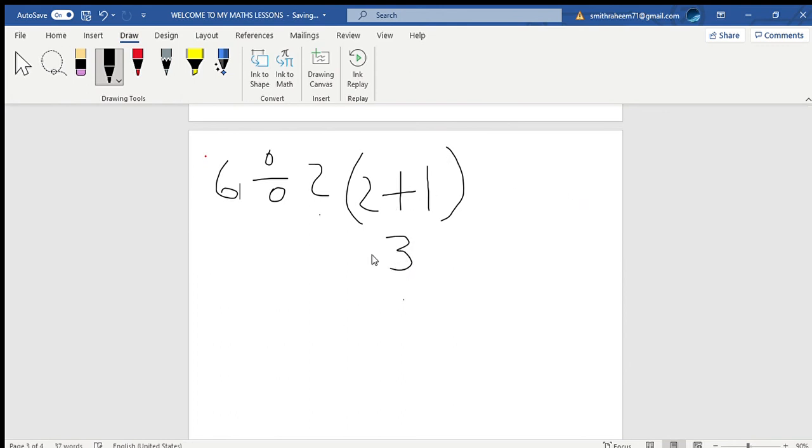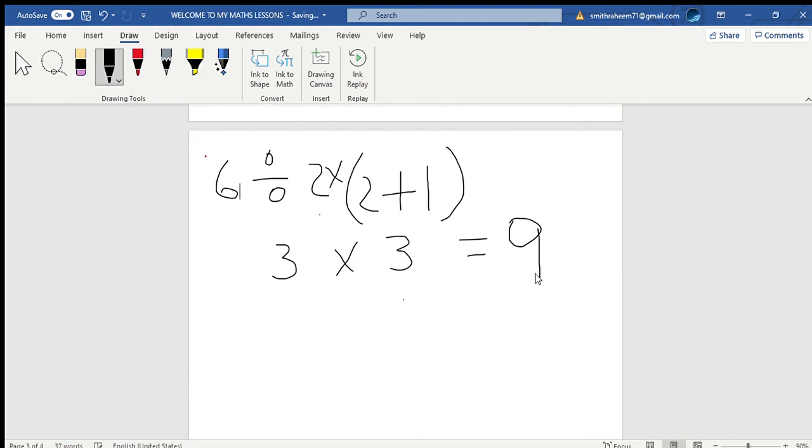And then we're going to divide 6 divided by 2, which is 3. But between the 2 and the bracket, there is a secret multiply, so we're going to multiply the 3 by 3, and your answer will be 9.